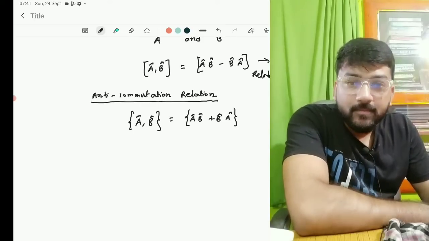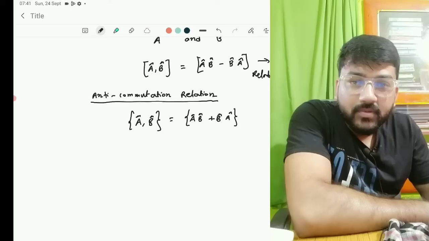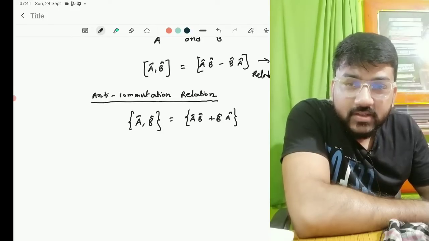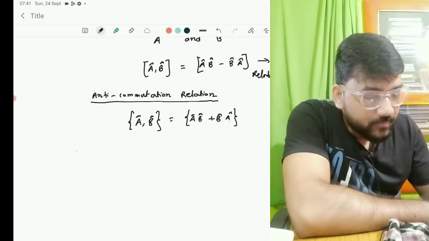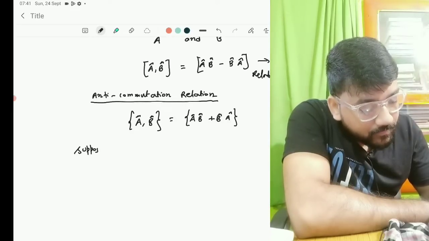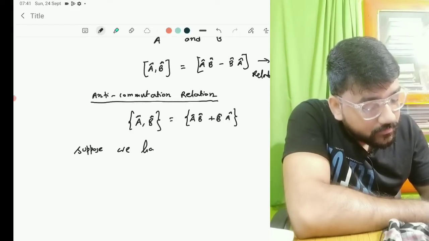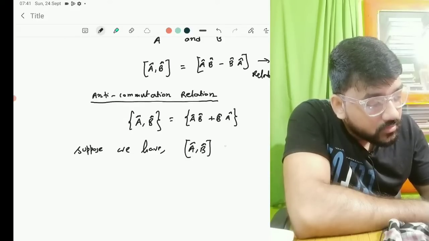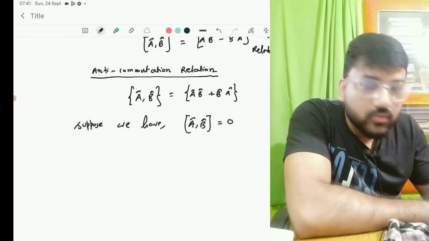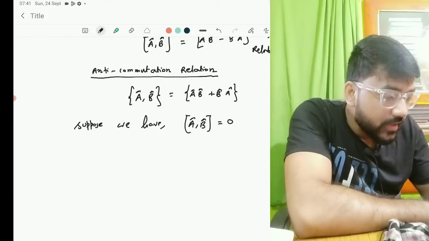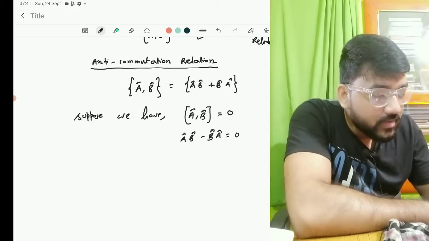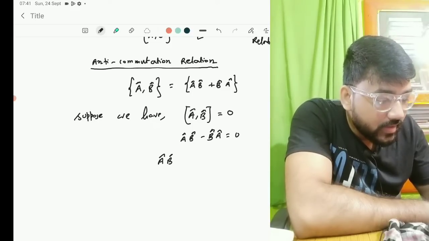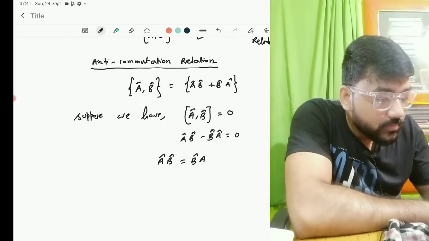Now if the commutation relation of a cap and b cap is equal to 0, then it is said that a and b commute with each other. Suppose this commutation relation is 0, then you can write a cap b cap minus b cap a cap equals 0, that is, a cap b cap is equal to b cap a cap.